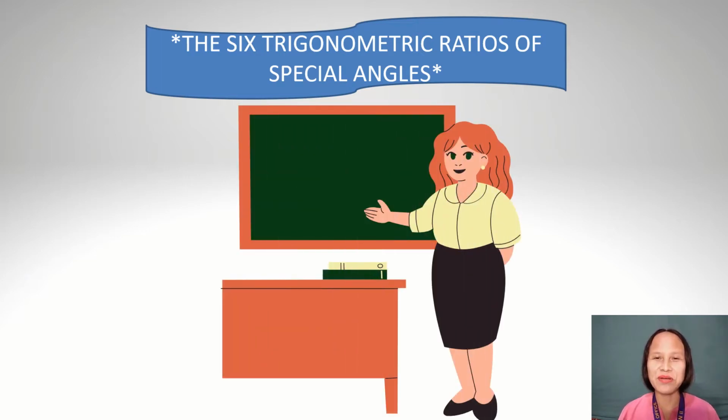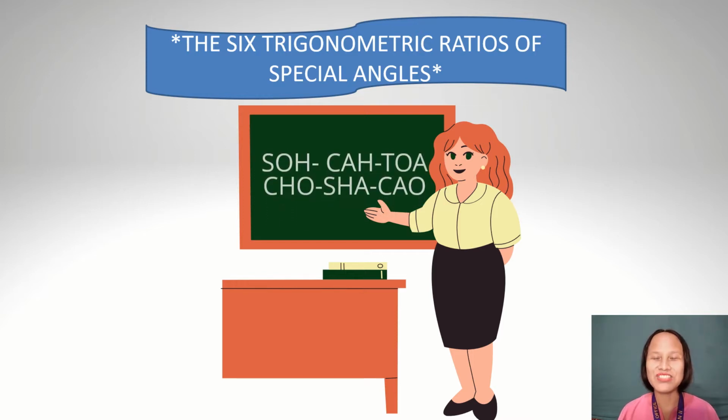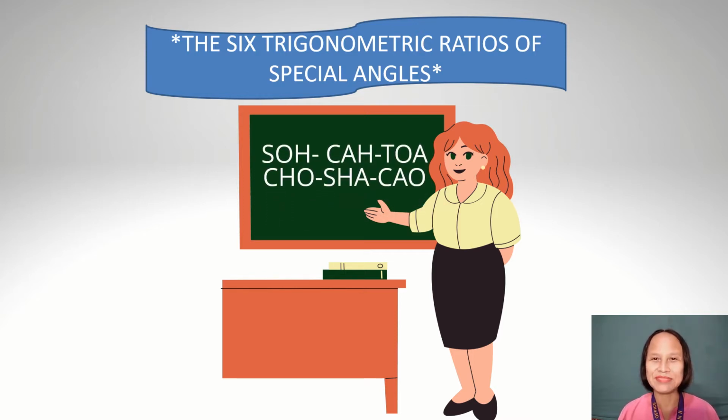These trigonometric ratios of special angles are presented through the mnemonic device SOH-CAH-TOA. Class, could you still remember the special angles? Very good. The special angles are the 30-degree angle, the 45-degree angle, and the 60-degree angle.